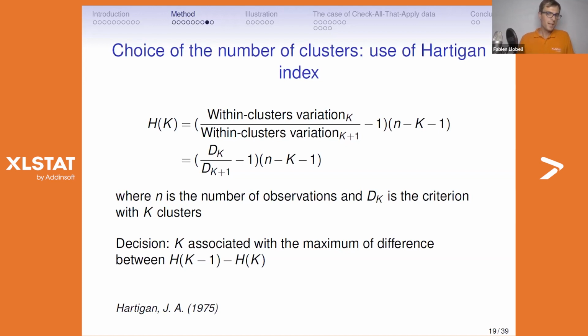And we can adapt this index by using our minimization criterion, which reflects the within cluster variation. The final decision is given by the number of clusters associated with the maximum of difference between the hierarchical levels.